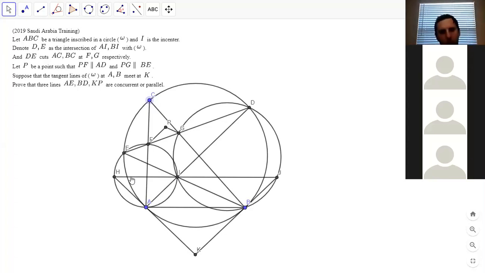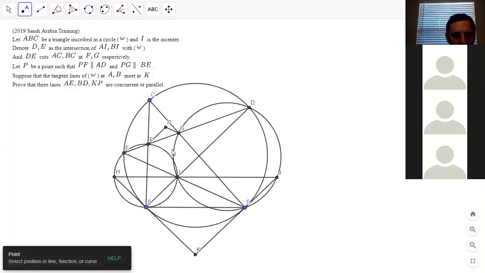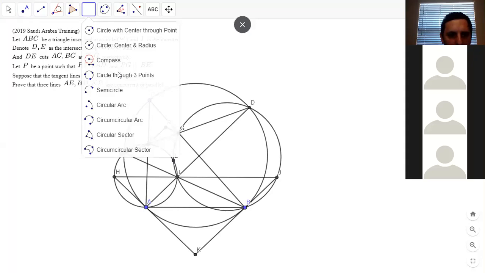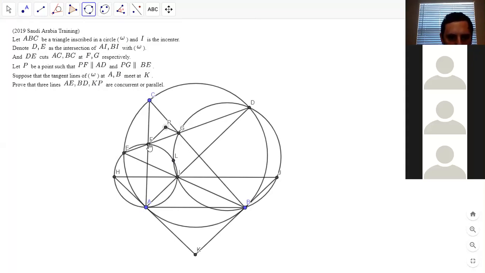Yeah. I actually didn't think of those points, but if you introduce the other intersection point of those two circles, then FPGL is cyclic, and also ALBK.